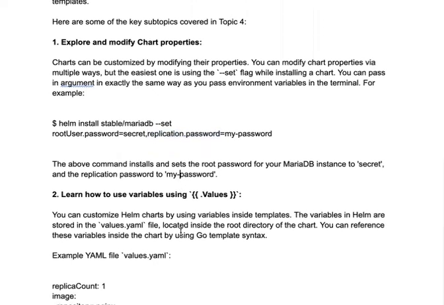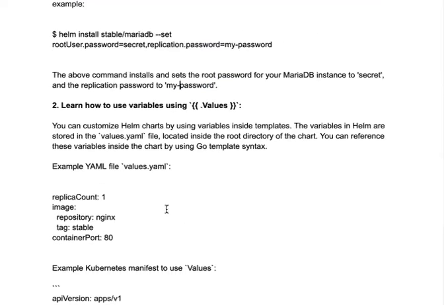Now, how are we going to use variables? Variables play a very important role because they allow you to write dynamic configuration. We want dynamic configuration because we don't want to be stuck rewriting each YAML file again and again for each application, which is redundant work and consumes a lot of time. So you can customize your Helm charts using the variables you mention inside the templates.